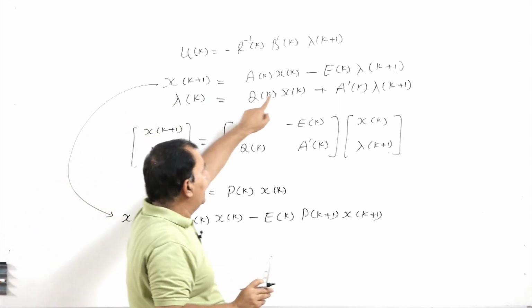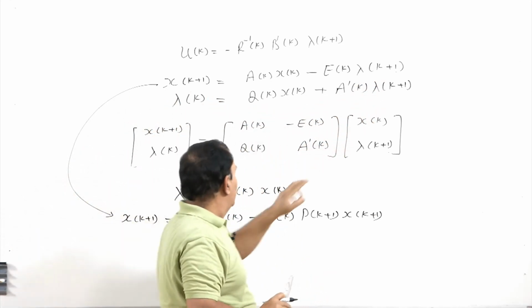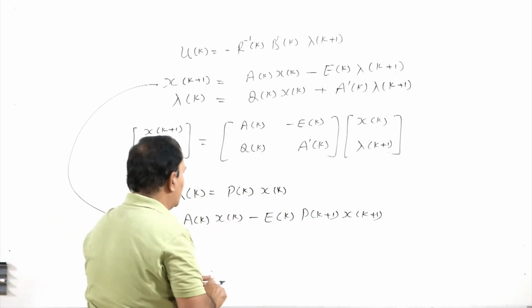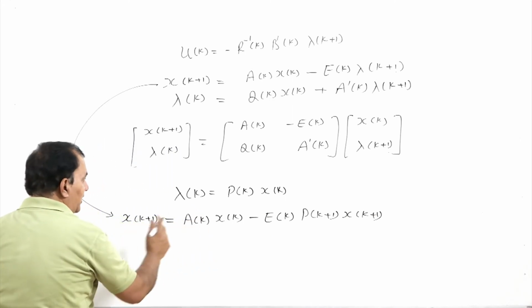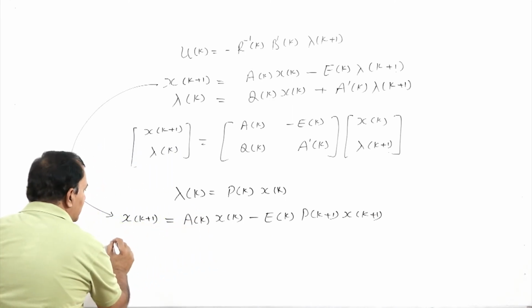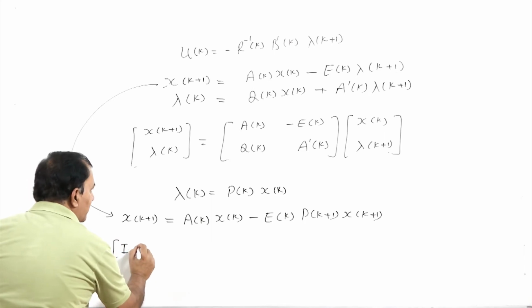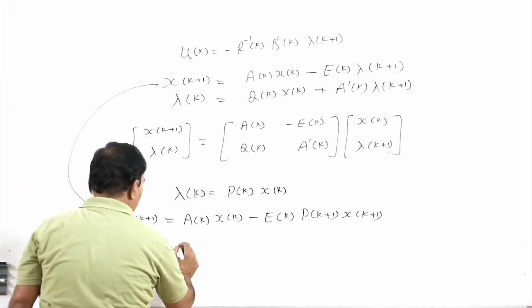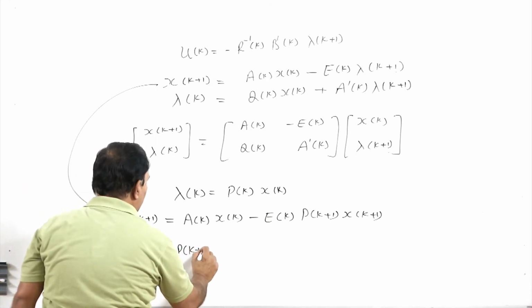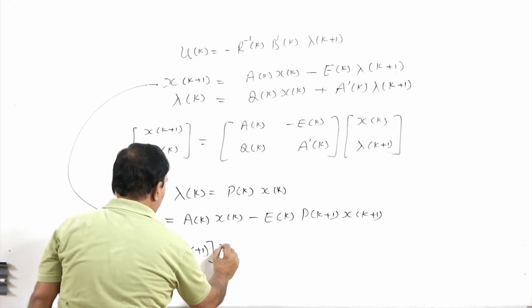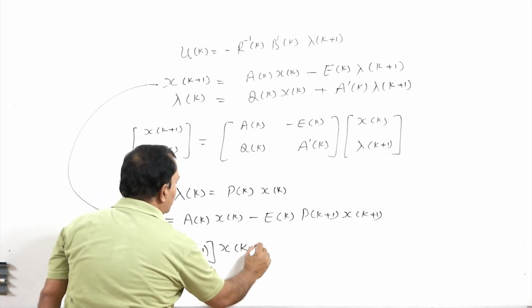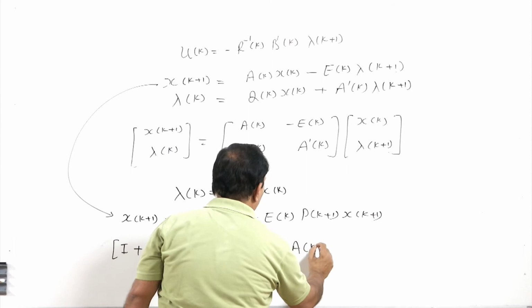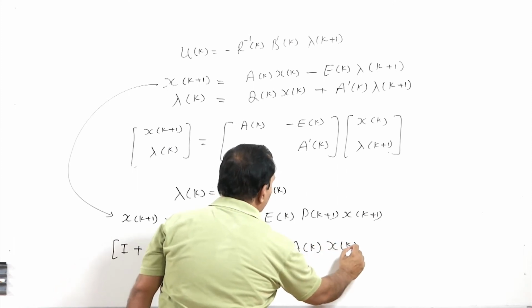So in my state equation lambda k plus 1 I have replaced by P k plus 1 x of k plus 1. So by this I can solve this equation as I plus E k P k plus 1 times x of k plus 1 equals A k x k.